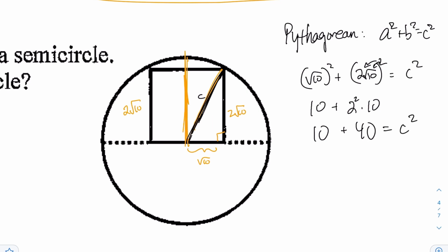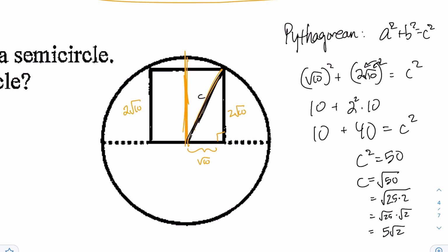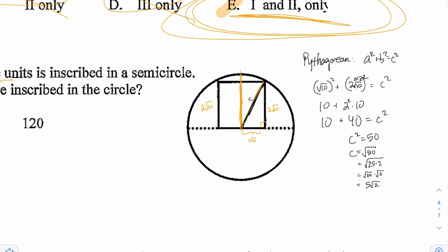Is equal to c squared. So c squared will be equal to 50. So c would be the square root of 50, or this would be square root of 25 times 2, which will be square root of 25 times the square root of 2, or 5 root 2. So that's the radius.